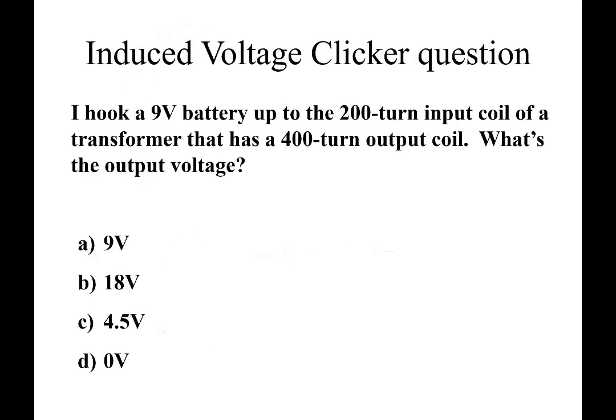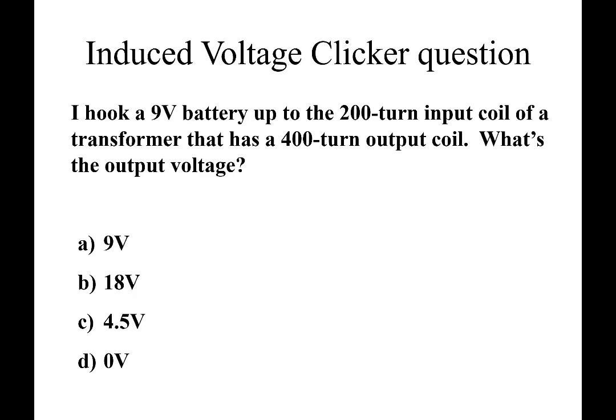So here's a clicker question. If I hook up a 9-volt battery to a 200-turn input coil, that would be coil 1 of a transformer, that then has a 400-turn output coil, or coil 2, what is the output voltage in coil 2?